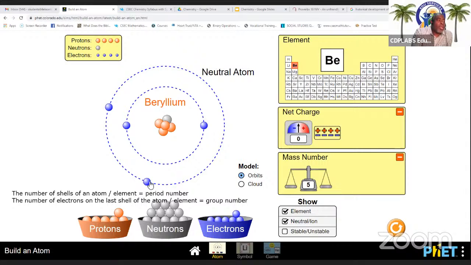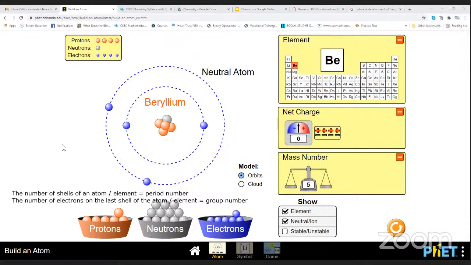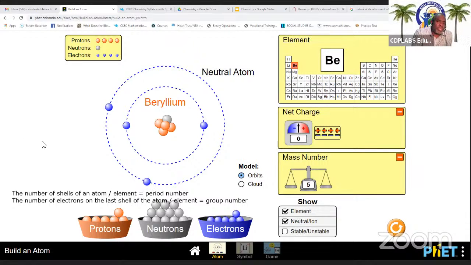Just like with the planets and their orbits, we use a little circular line to show where they are. So it's a similar idea. The dotted circle lines are used as shells. The blue circles are electrons, orange ones protons, gray ones neutrons.